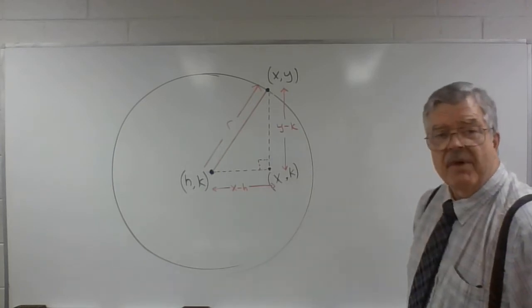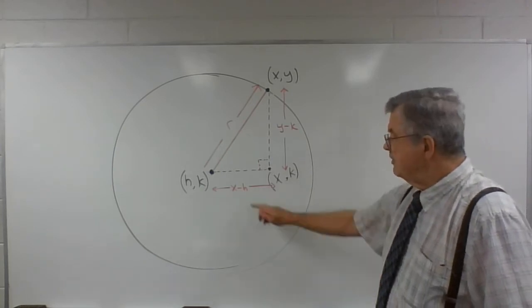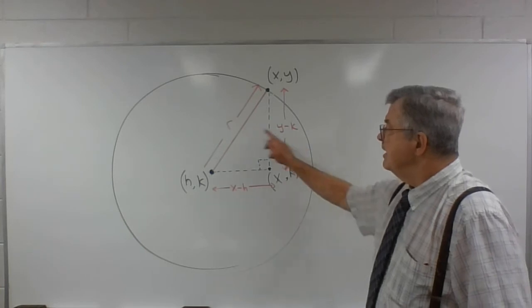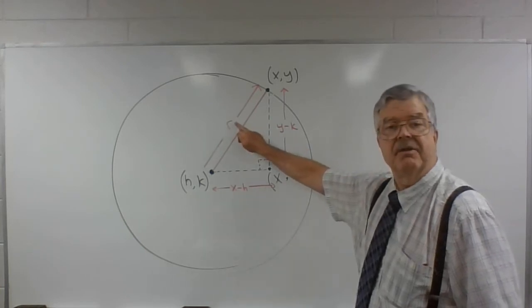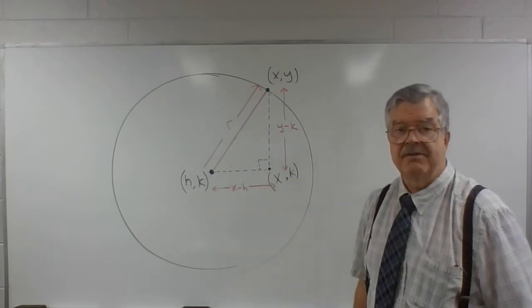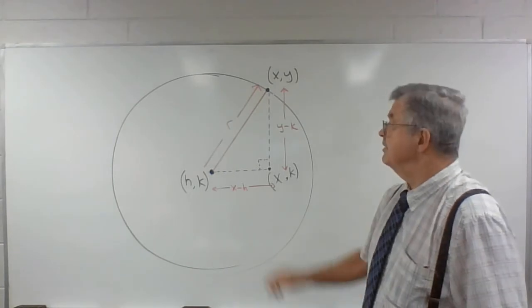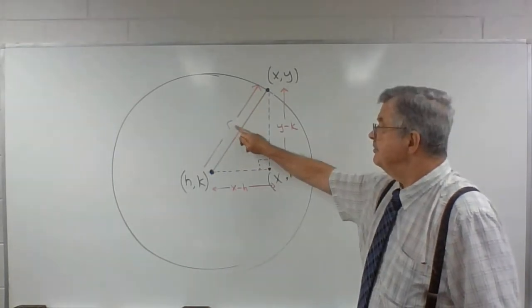So we have a right triangle, and we have the length of each side, and we have the length of the hypotenuse. The hypotenuse is r.